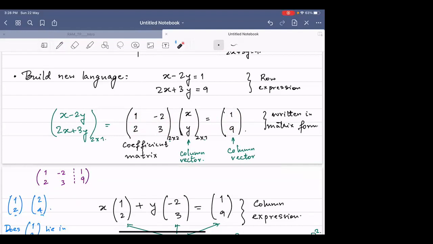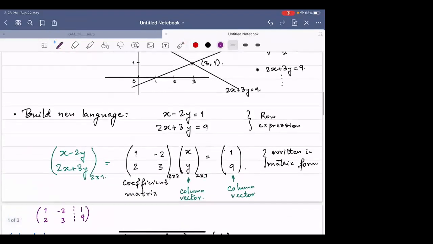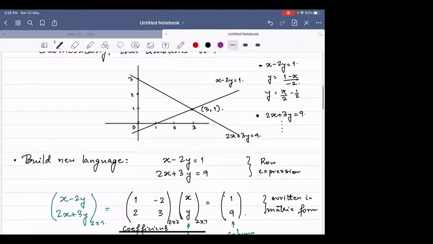Now what we'll do is keep the first equation fixed. Geometric picture: we keep the line x minus 2y equal to 1 fixed. And for the second line, which depends on two variables x and y, we will try to eliminate one of the variables.